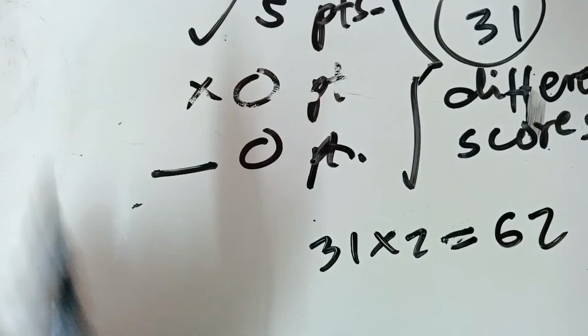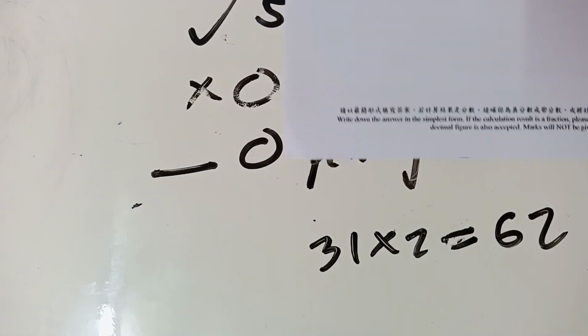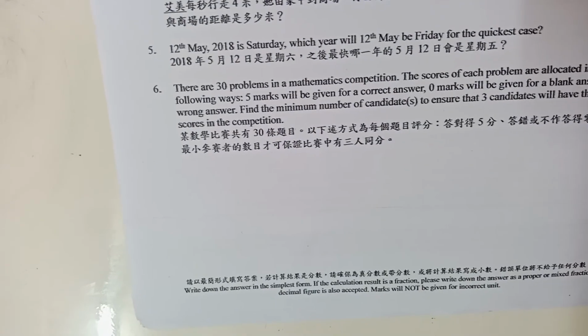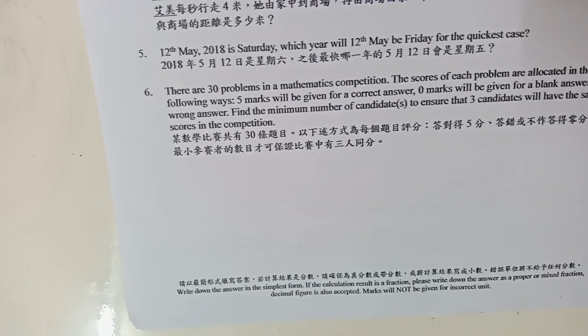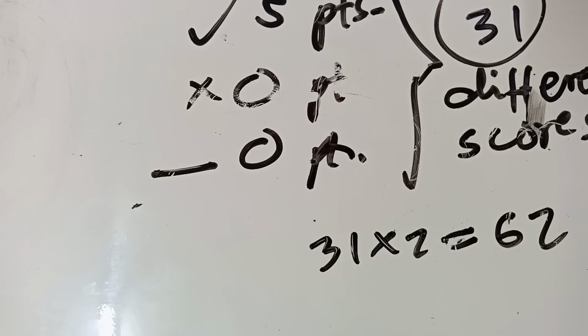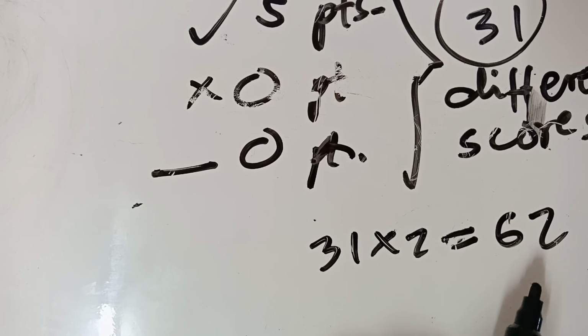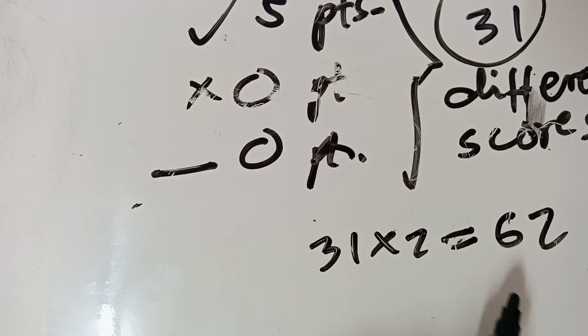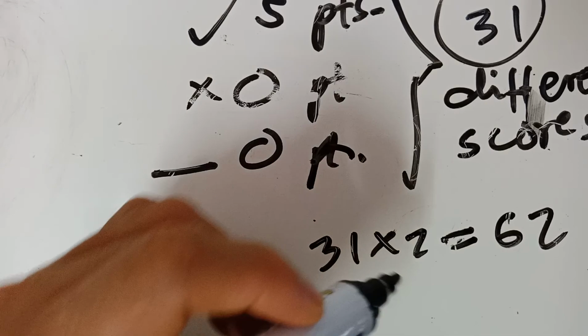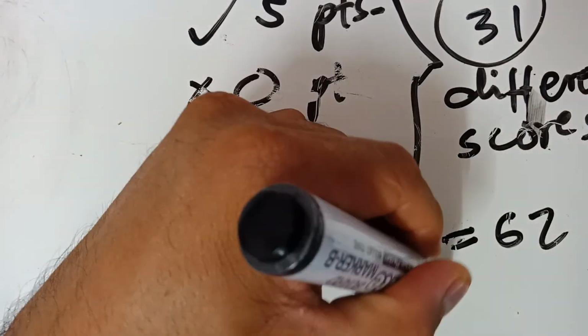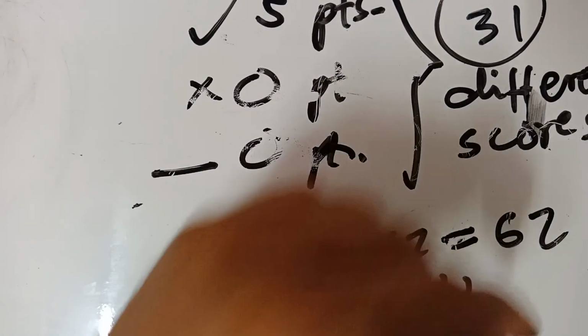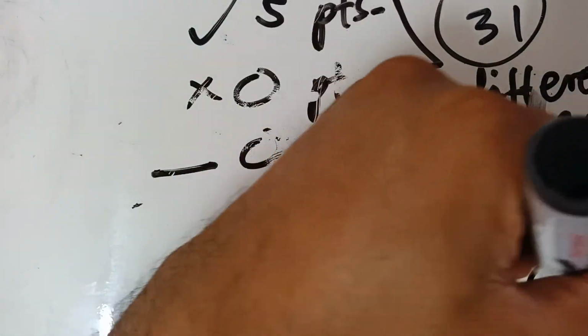But the problem is asking for the minimum number of students to ensure that there will be 3 candidates with the same score. We are now certain that if we have 62 candidates, we will have 2 with the same score. So we just simply add one more student. 62 plus one more student would ensure that we will have 3 students with the same score.